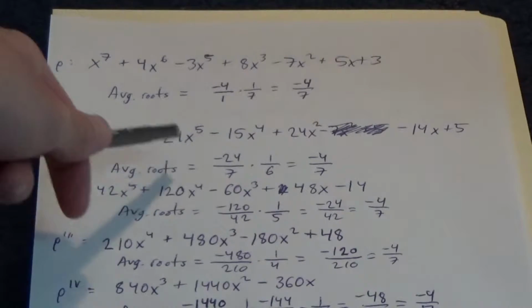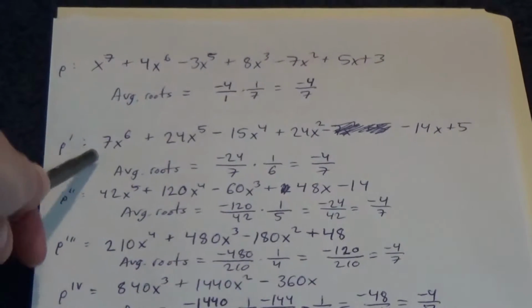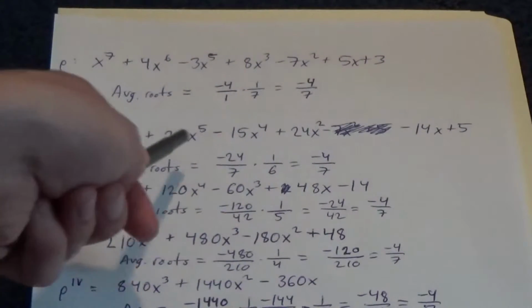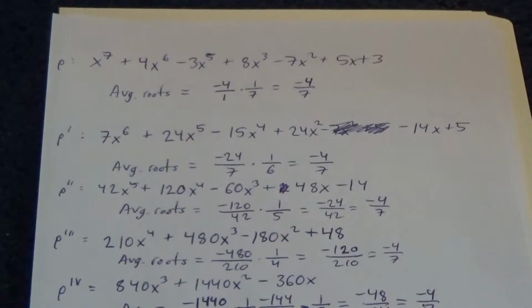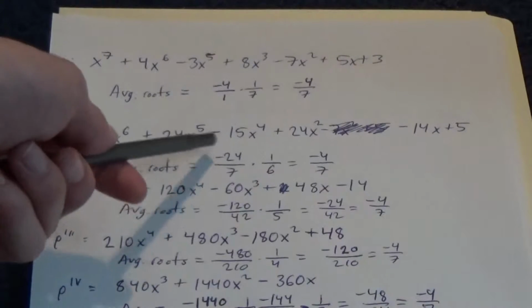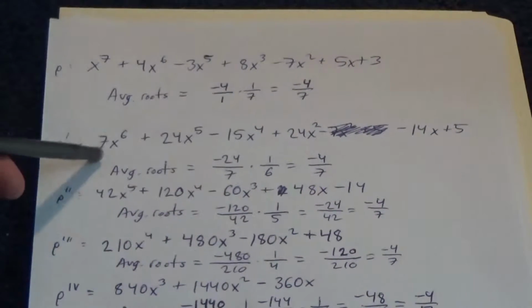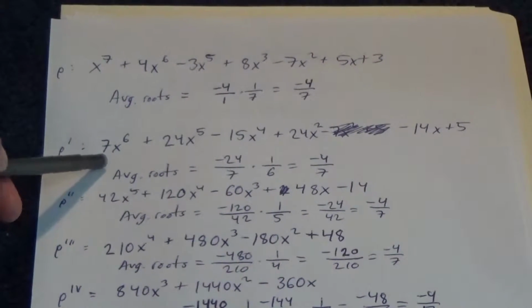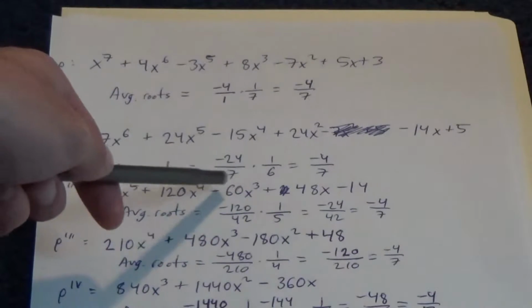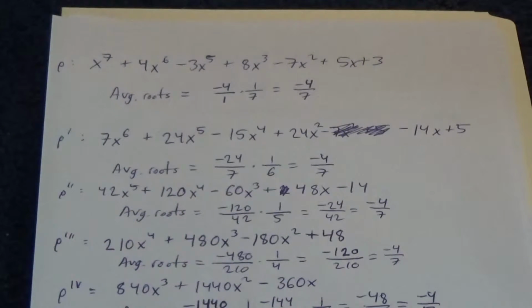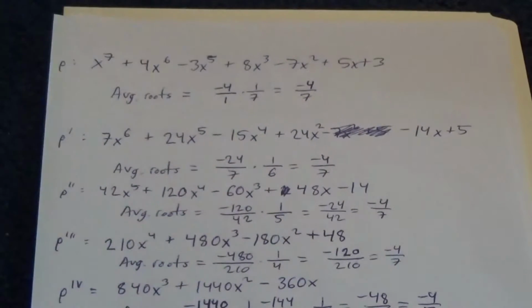So in this case, we take negative 24 over 7, since that's the ratio of these two coefficients, and of course, we have to negate it. In this case, the degree of the polynomial is 6, so we divide that quotient by 6, and after simplification, we end up with negative 4/7. So it's the same average, the same value that we found the first time.